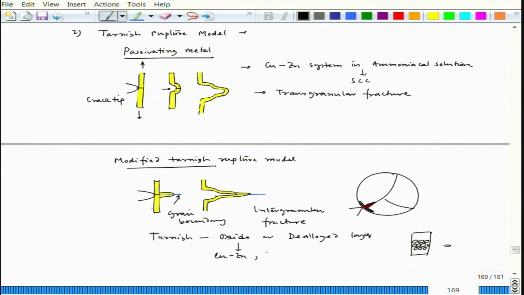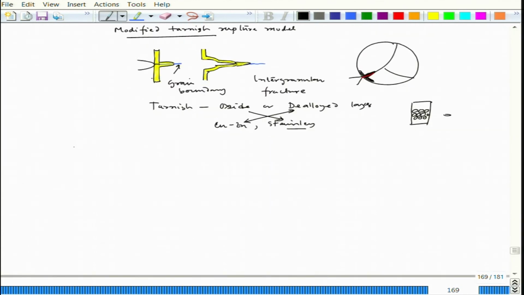Even stainless steel can be explained this way, where this kind of tarnish rupture mechanism can also be possible. So, this is the de-alloying case, and in the case of stainless steel, it could be oxide formation on the surface. So, this is the tarnish rupture model.